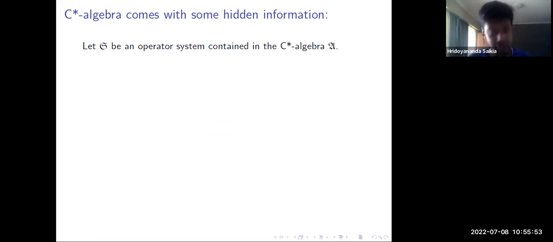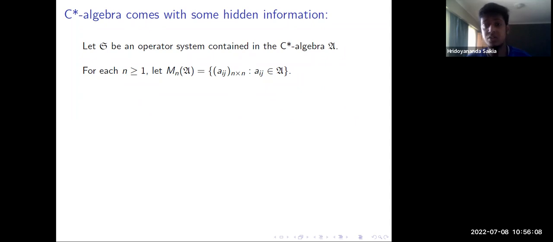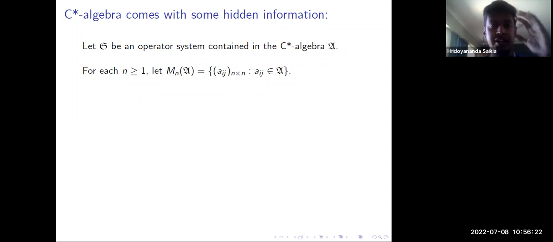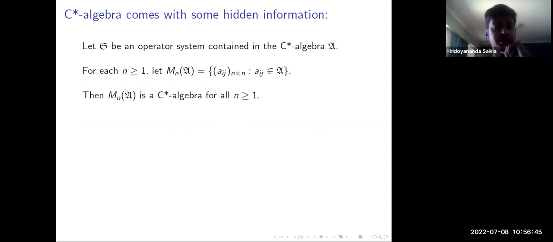Suppose S is an operator system contained in the C-star algebra A. For each natural number n, I want to define Mn of A. This is the set of all n cross n square matrices where each entry comes from the C-star algebra A. I will spend some time here to dissolve this idea.